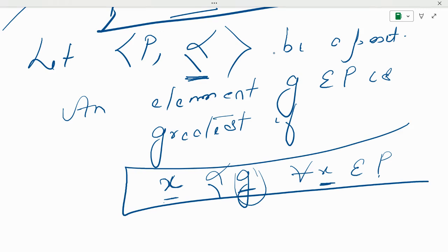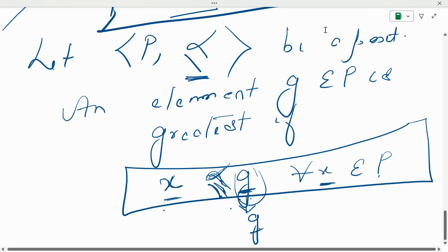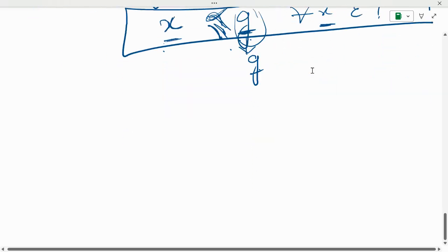This is very important. Whatever operation you are defining, for every element, this G element has to satisfy this condition. We'll see what that means, but this is just a mathematical notation.